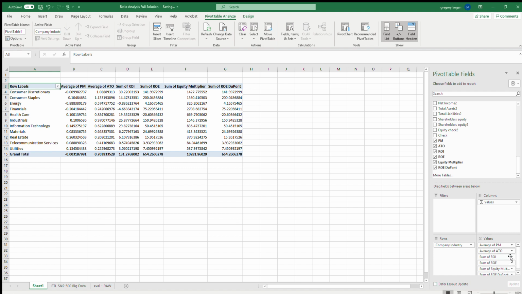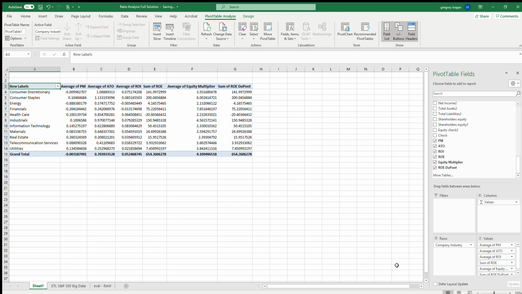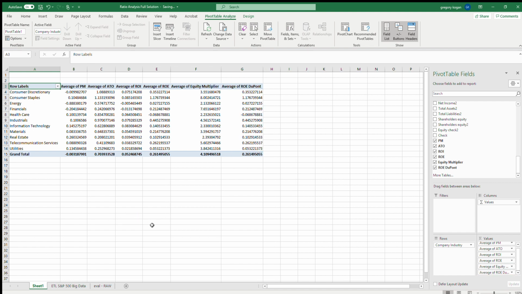So it literally grabs all the profit margins in an industry, right, and provides it to us as an average. A sum wouldn't do us any good because it wouldn't tell us how good the profit margin is. It would just be a sum of a bunch of integers, I mean fractions, right? So if we do the average, we're trying to see the average by industry.